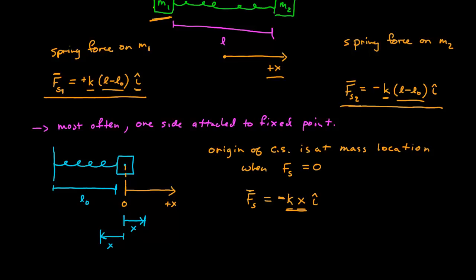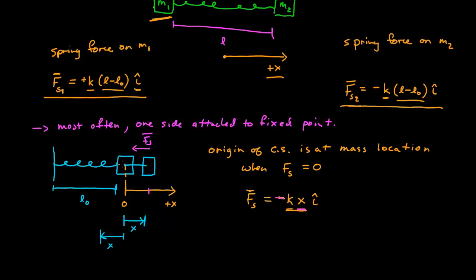So we can see this. If the mass is stretched, then the force points in the direction that the mass would move to move it back to equilibrium. Its location is a positive x, but the force then is going to be in the negative x direction. And so that's the reason for the minus.